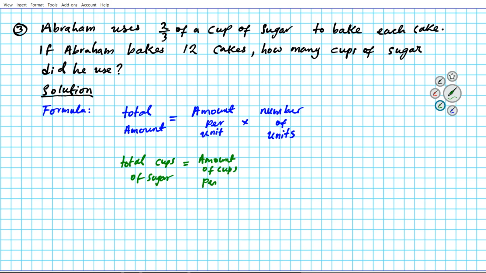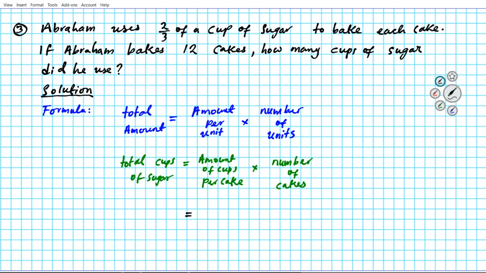That's a unit amount, per cake. For each cake, how many cups of sugar were used? Amount of cups per cake multiplied by the number of cakes. That's what we're doing.